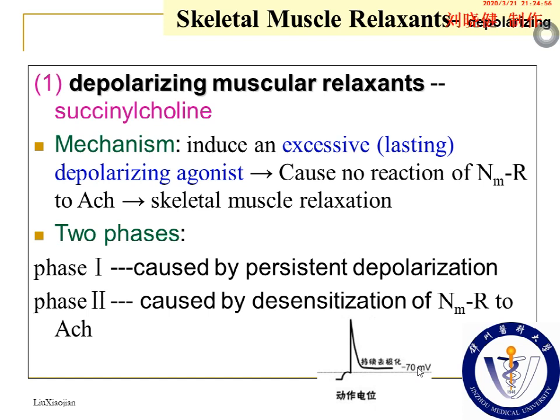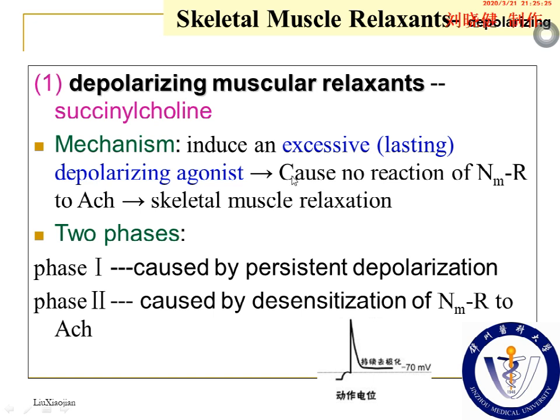Maybe you are curious about the pharmacological effects and clinical uses of skeletal muscle relaxants. Let's go on studying depolarizing muscular relaxants. Nowadays, succinylcholine is the only available agent in this group. Just now I introduced that this drug can induce an excessive depolarization.